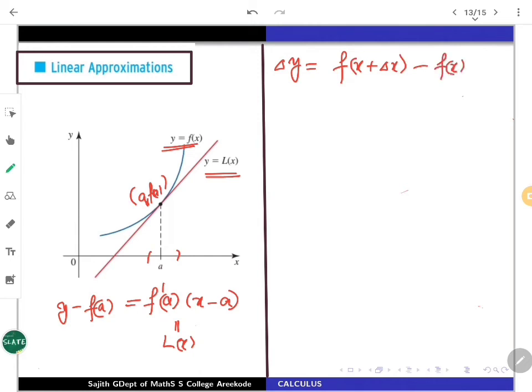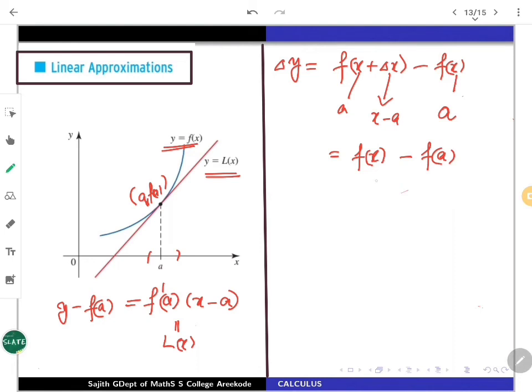In this situation, you are interested in nearing to a. So just give a substitution x to a. At a you are interested, and you just give delta x to be x minus a. Then this delta y is taking a nice form. You will be getting the expression for delta y as f of x minus f of a.